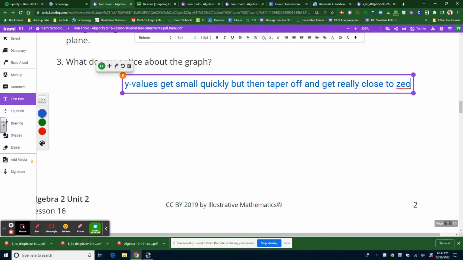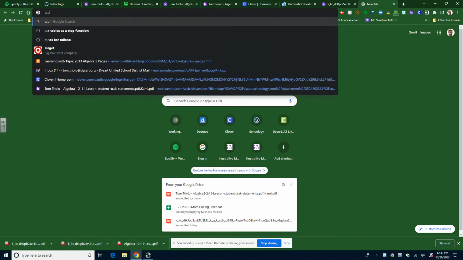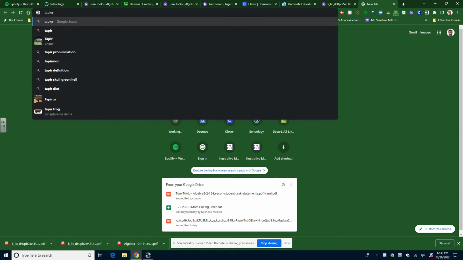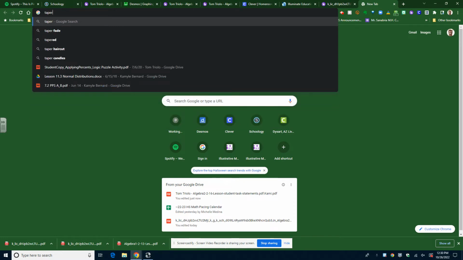So taper, a taper specifically, if you've ever seen a candle. Okay, come on, let's just take a look. So they're taper monkeys, that's a place. But we're not talking about that. So taper, not tapier. Taper.